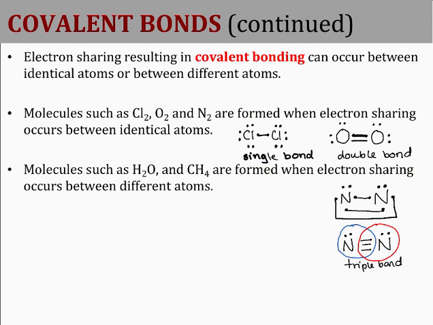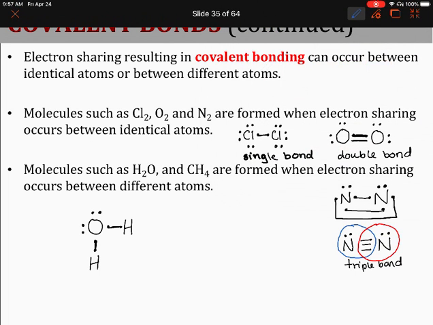So let's draw water. So we'll start with our oxygen. And remember that has 6 valence electrons. And then we'll draw 2 hydrogens, which each have 1 valence electron. And we can see that oxygen can share electrons with each hydrogen. And now oxygen, so I'll draw a circle around oxygen.